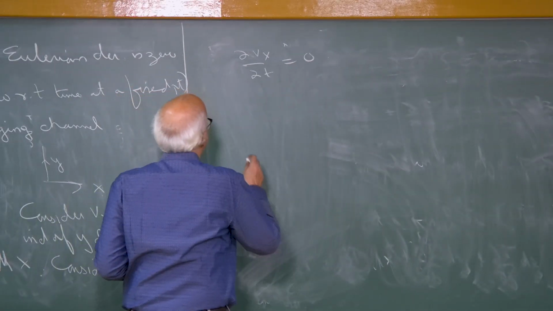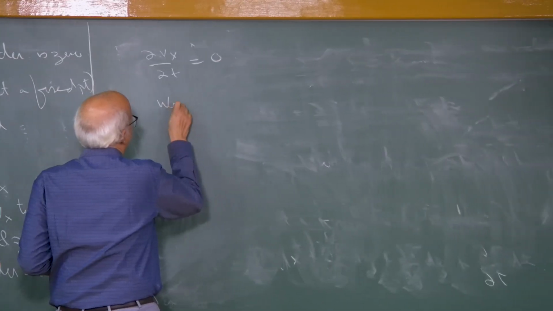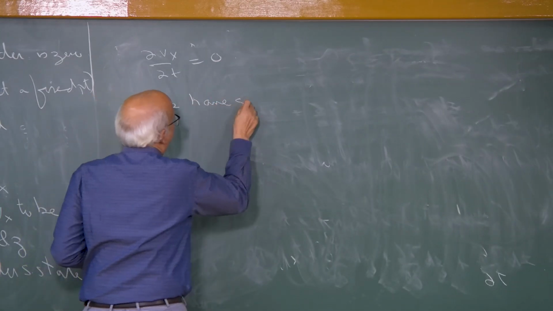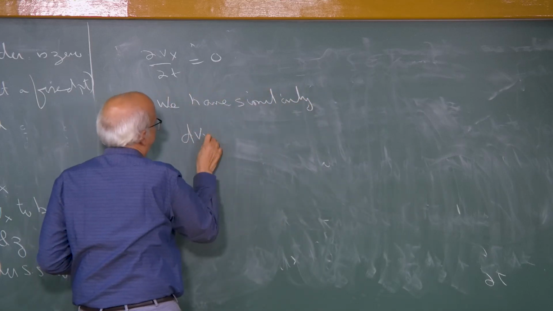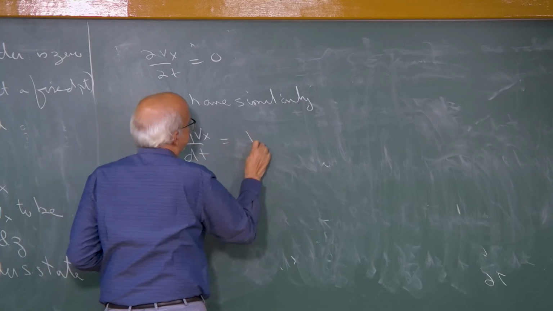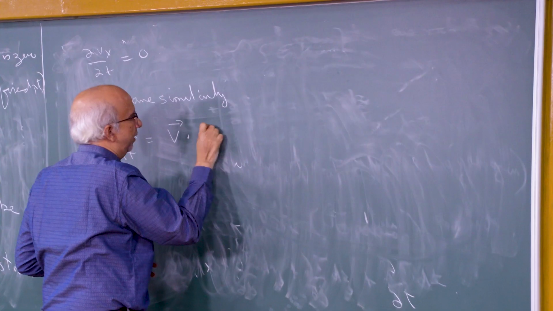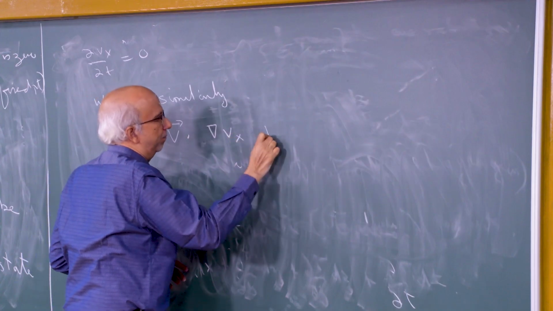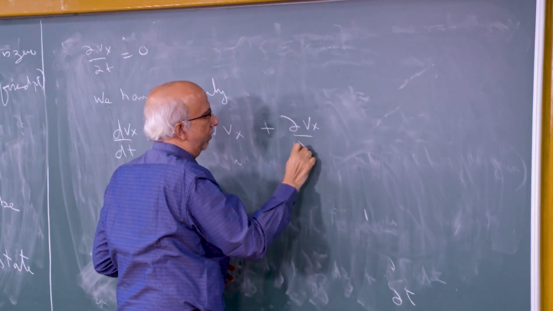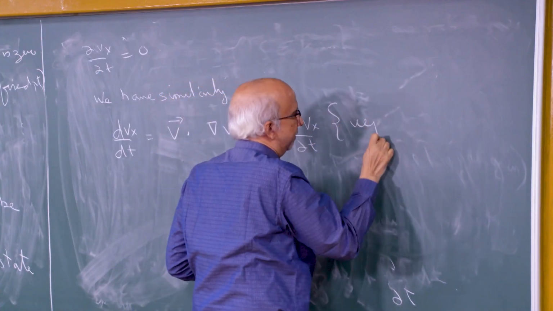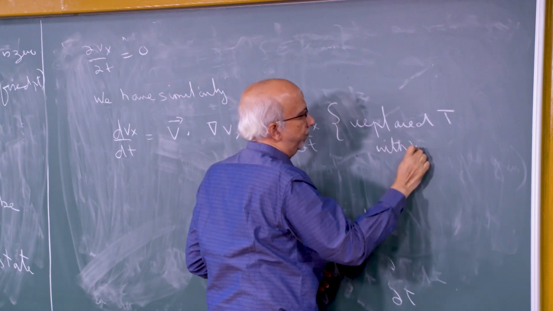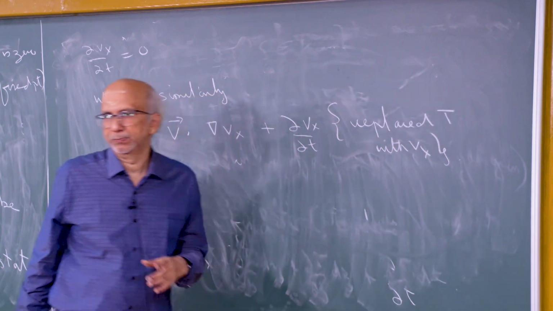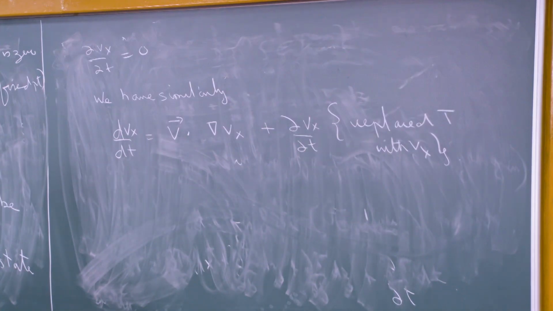So now I am saying we have, similarly, dVx by dt equals V dotted gradient of Vx plus dVx by dt. What have I done? Replaced temperature with Vx. Earlier I argued temperature is changing, I am talking about Vx now. Vx is my property that I am looking at. Okay.